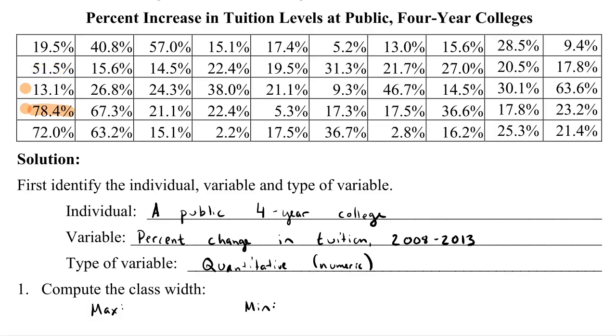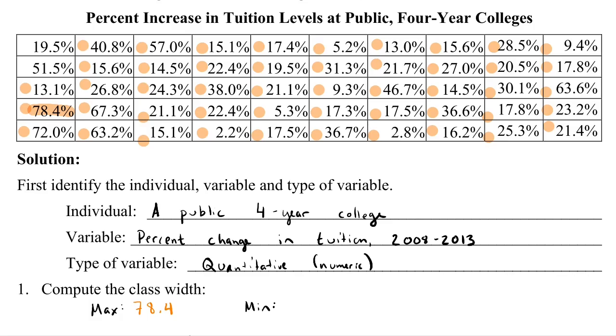Okay, 78.4 is now my maximum. I'm looking for something bigger than 78.4. No, no, no, no. And I don't find anything. My maximum value in this data table is 78.4.